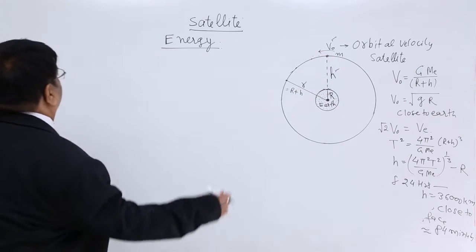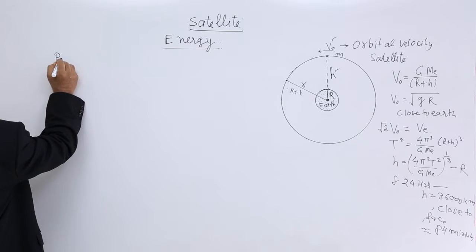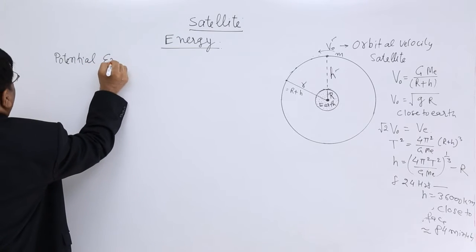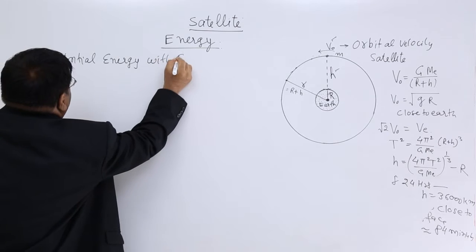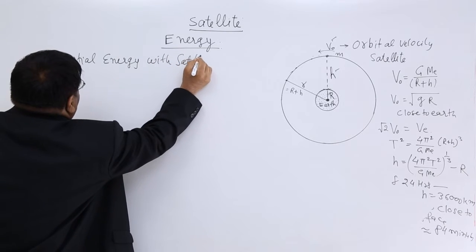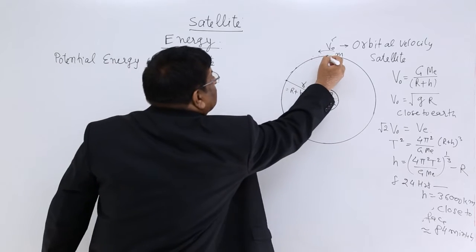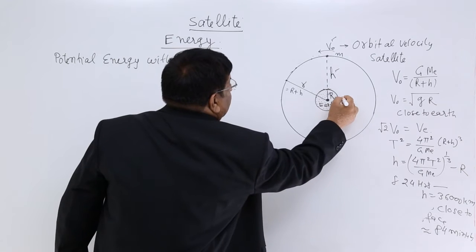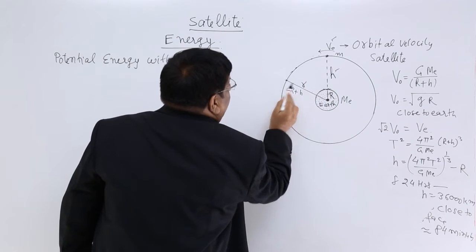Now we will calculate it. How much is the potential energy with the satellite? Now this is a system which has mass m, and there is a distance between the two equal to r.